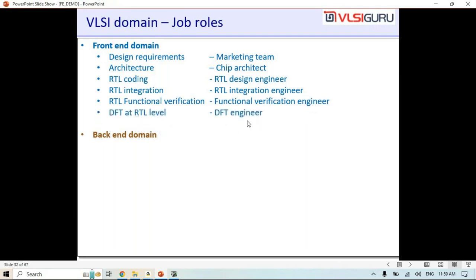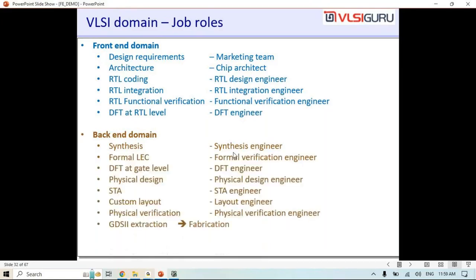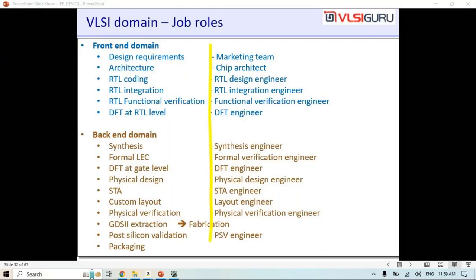The person who does DFT is called DFT engineer. The synthesis person is called synthesis engineer. So the point is, so many job roles are there. Like in house construction, we said around 10 to 12 job roles are there: plumber, painter, carpenter.